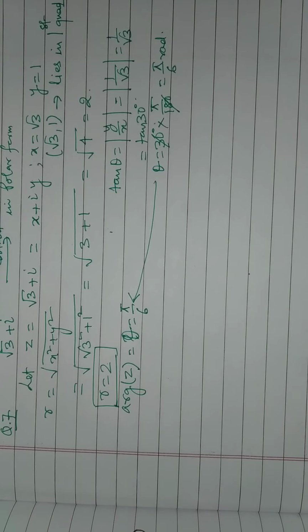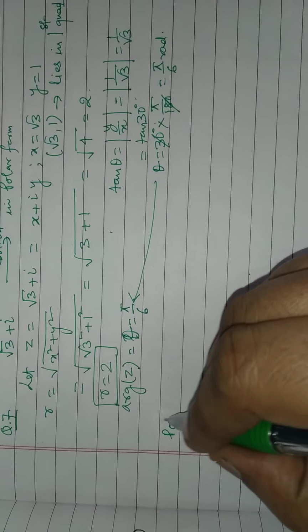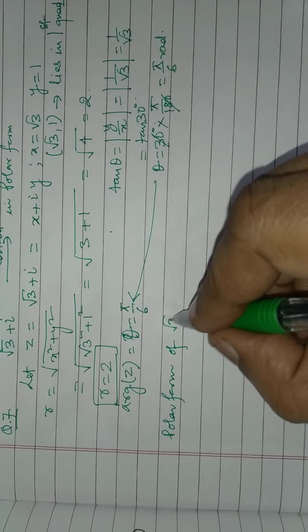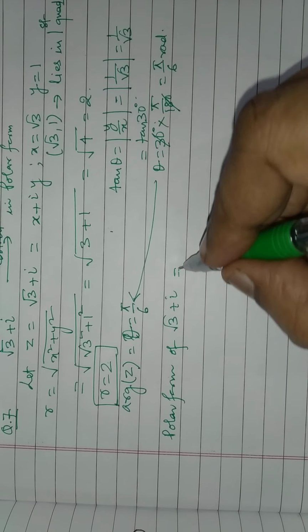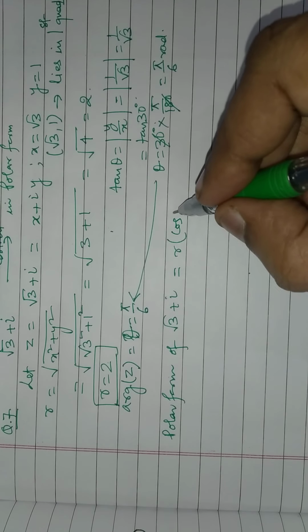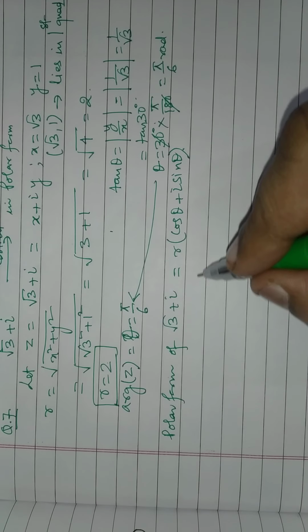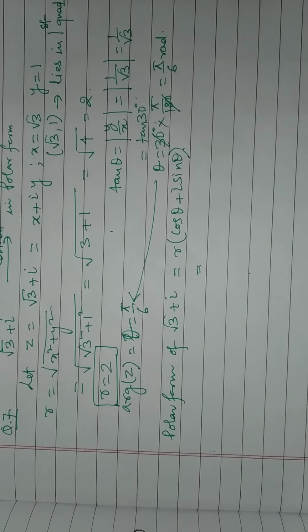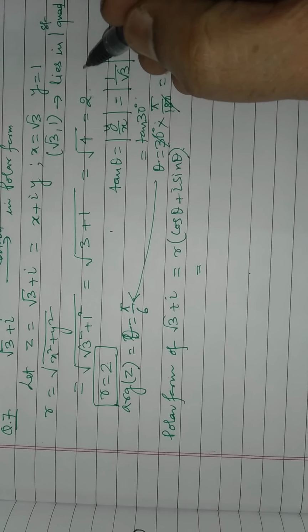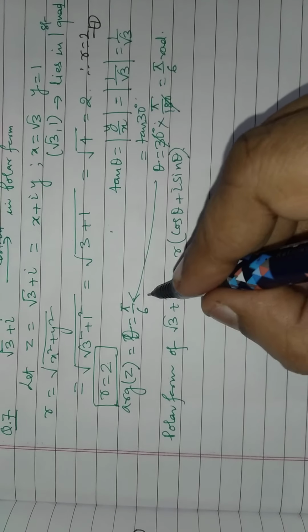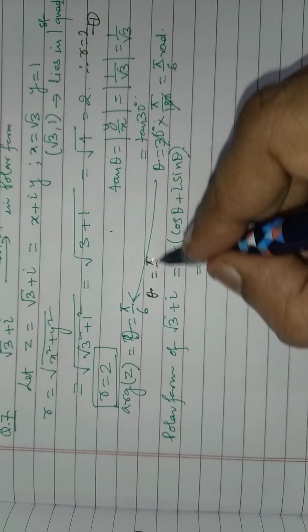Therefore the polar form of this complex number root 3 plus i is equal to r bracket cos theta plus i sin theta. So in place of r substitute here: we have calculated r is equal to 2, and the argument theta is equal to pi by 6.